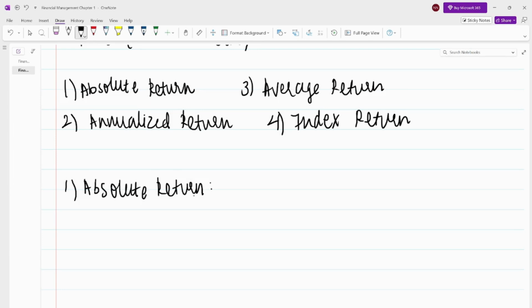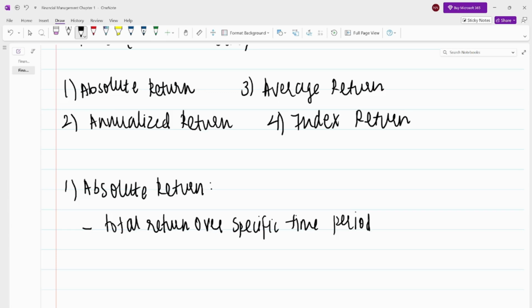So what exactly is absolute return? It basically measures the total return over a specific period of time. So the formula for that is absolute return, we can also call it AR.